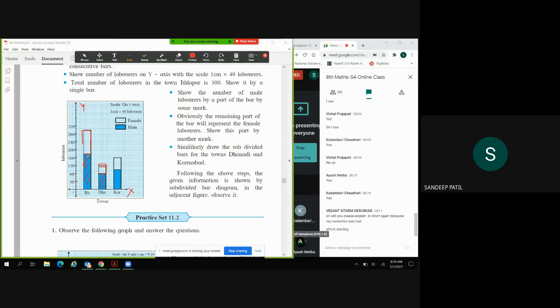So we came up with this subdivided bar graph, and then we have to represent the legends, which color represents what. Here white color represents female and blue color represents male. Then we have also shown the scale, that 1 centimeter is 40 laborers on the y-axis. On the x-axis, no scale is required because these are the towns.